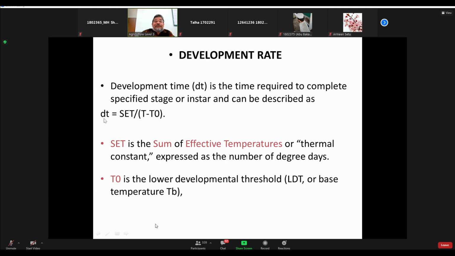This is possible to calculate. A young insect will be a mother after how many days? That is the completion of development.